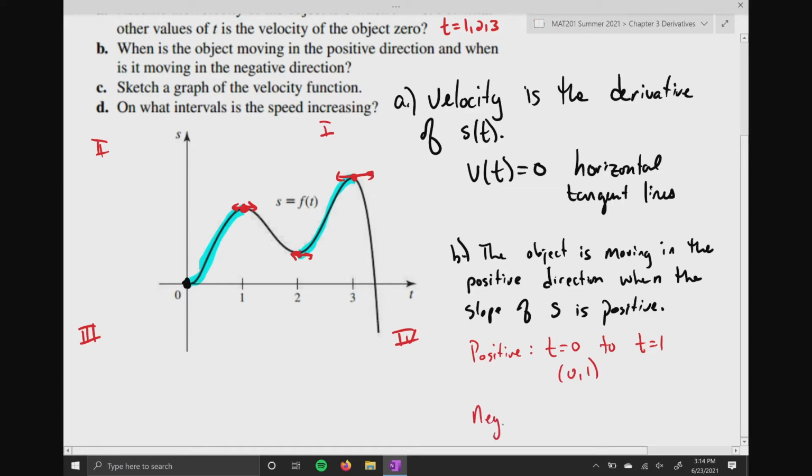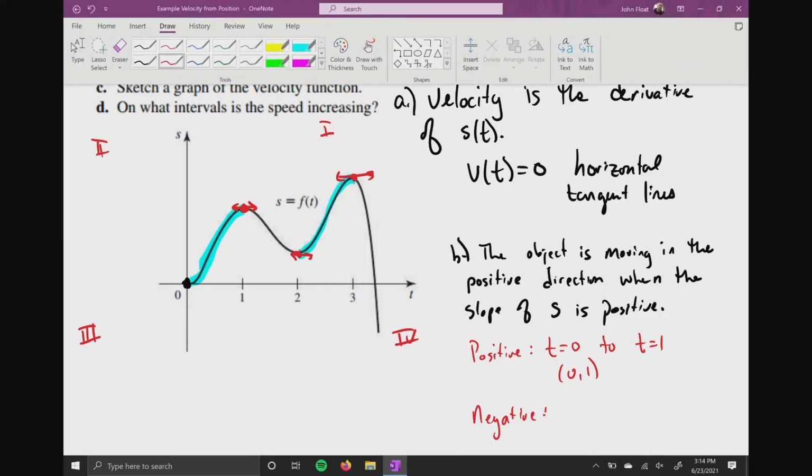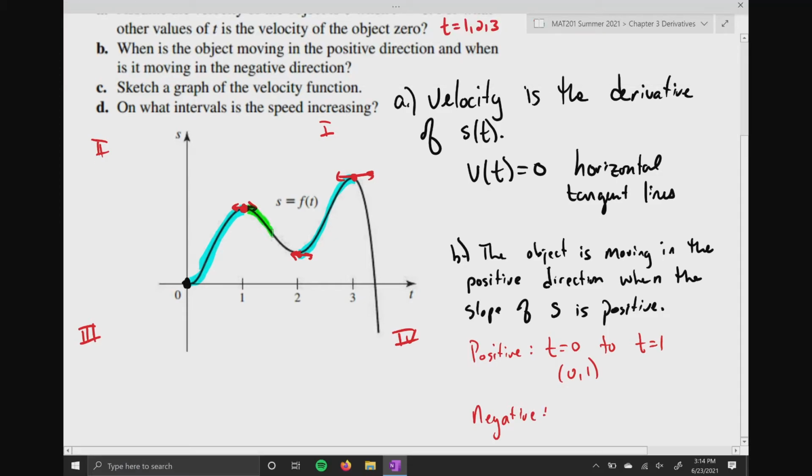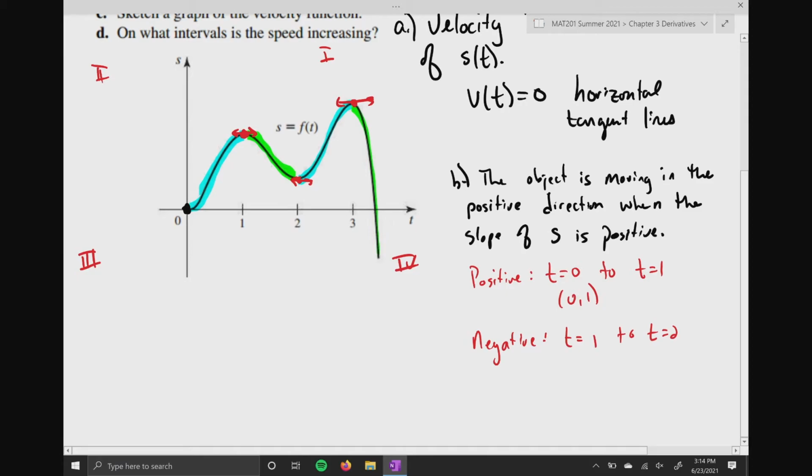And then the second half is, well, when is this moving in the negative direction? So in the negative direction, it's going to go from 1 to 2, and from 2 to anything greater than 3. So to show that, the negative direction is going to be from t equals 1 to t equals 2, and then anything greater than 3.